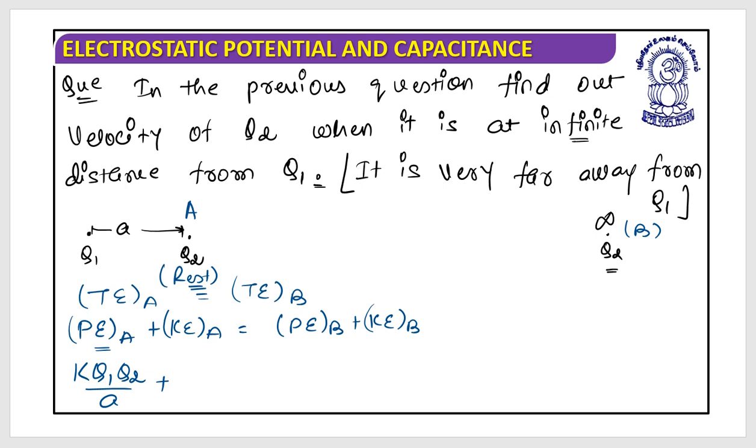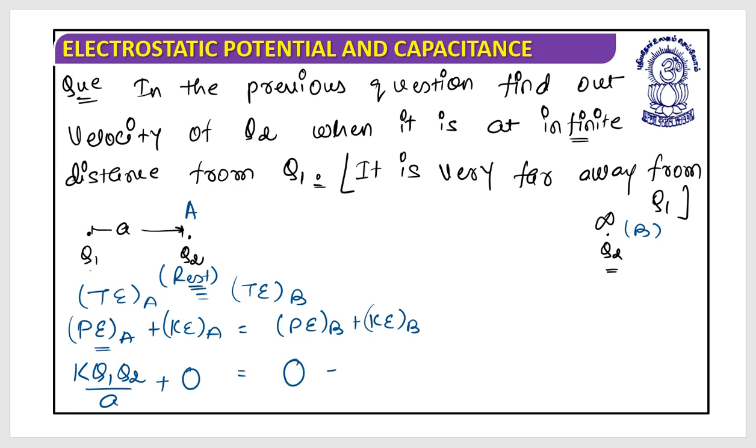So this is kq1q2 by a plus half mv square, but it is 0 because it is at rest. That should be equal to potential energy at b. Now the separation between q1 and q2 is infinite, and as we have defined, for infinite, potential energy would be 0.